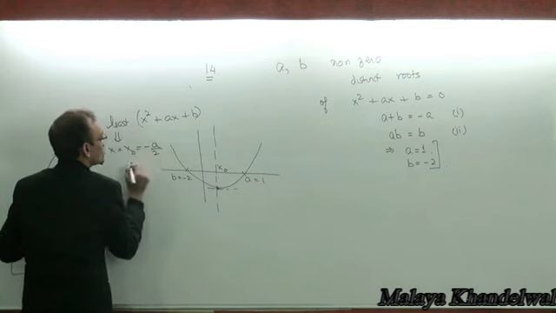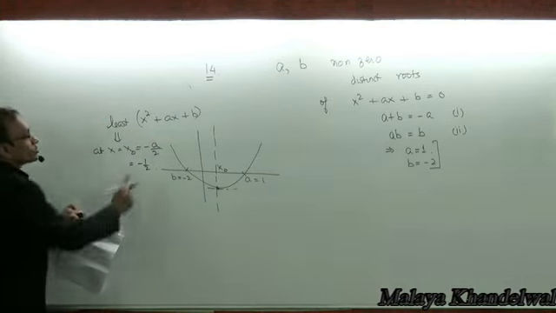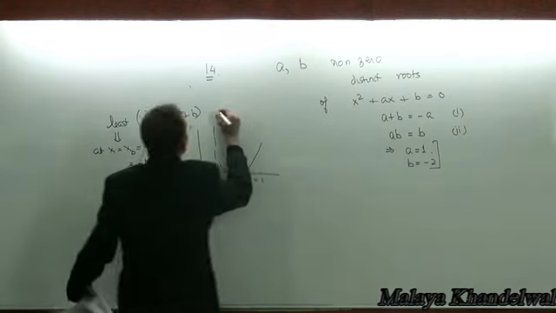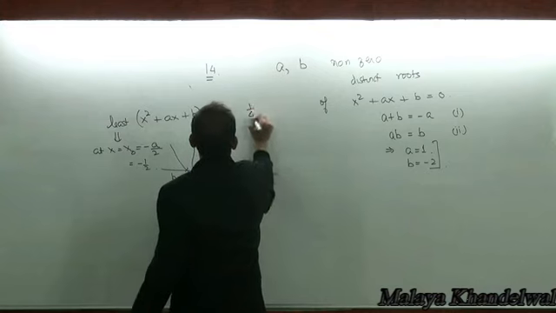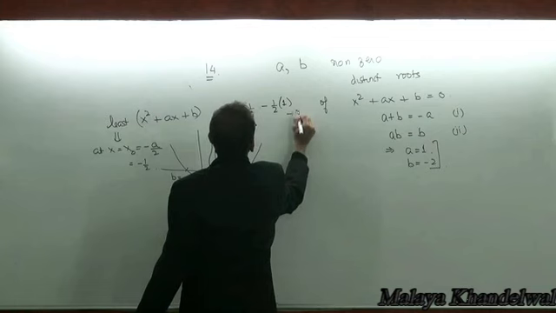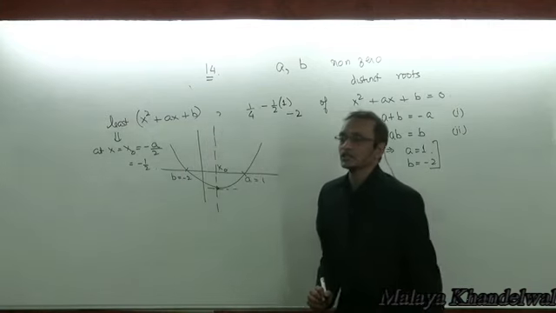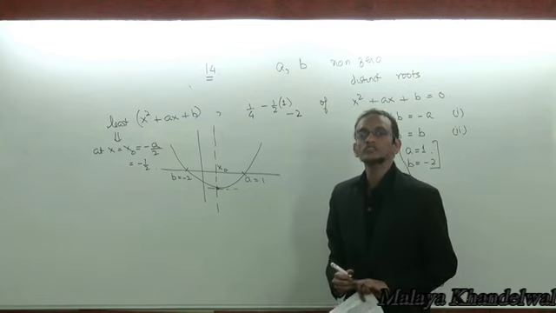That means at x equal to minus half, right? So the least value of this expression would be, put x equal to minus half here. So 1/4 minus half into 1 plus minus 2. That will be the least value of this expression, isn't it? Whatever this turns out to be. Yes or no?